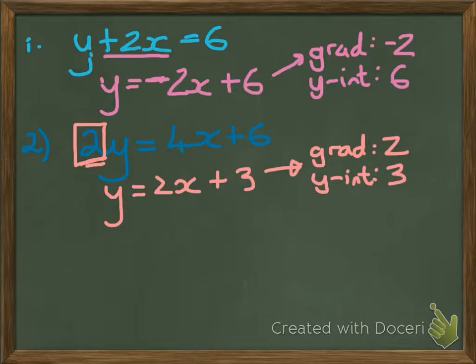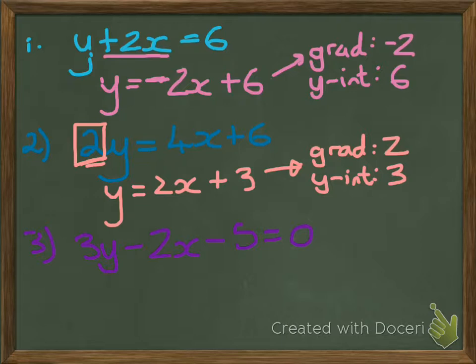Okay, so my third example, let's make life a little bit trickier. We have 3y minus 2x minus 5 equals 0. Very obvious, this one is nowhere near standard form, so we need to do quite a bit of work with it.